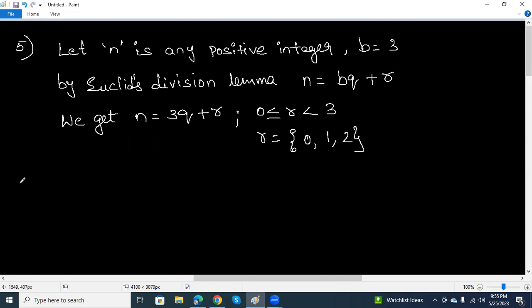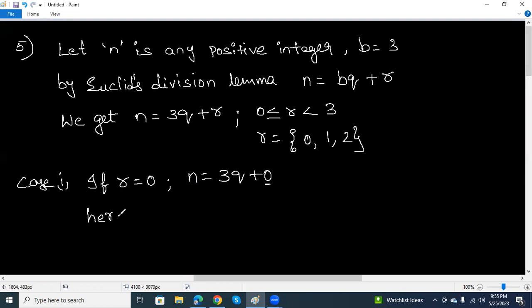Okay. Case 1 we'll see. Case 1, we take the r value as 0 and we will check for the n value, n plus 2 value, n plus 4 value. First case 1, if r is equal to 0, then n is equal to what? 3q plus 0. See here, 3q plus 0, what is this? R, the remainder, is 0, right? That means n is divisible by 3. If your remainder is 0, n is divisible by 3.